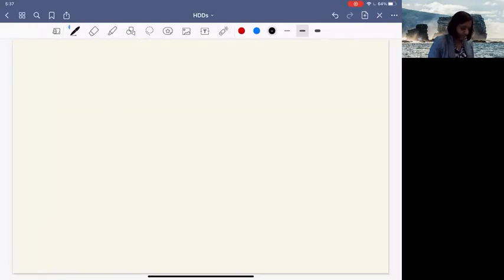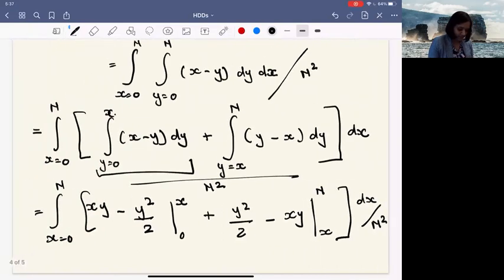Now solving that, let's place the limits into these equations. If we place the limits x and y, few of the components you would see get cancelled.